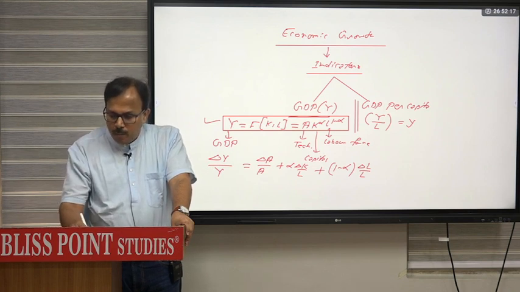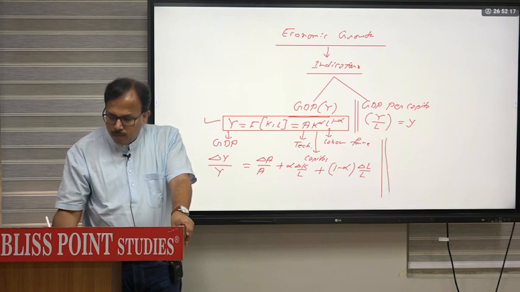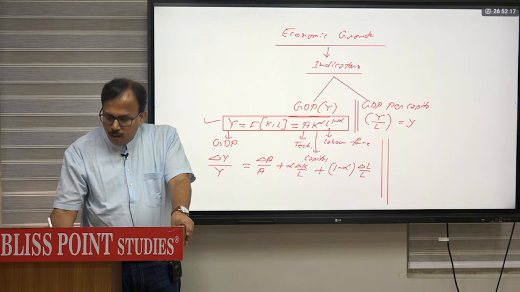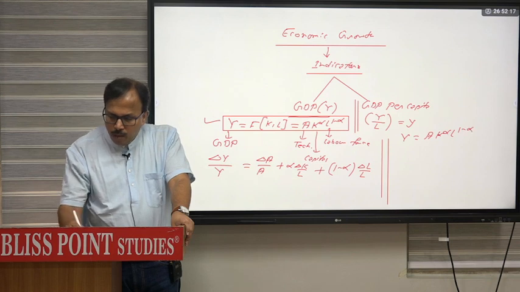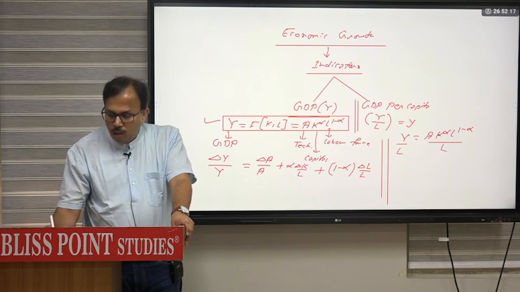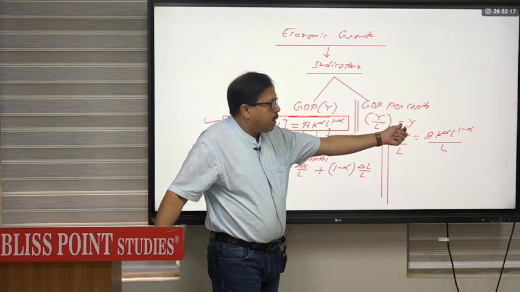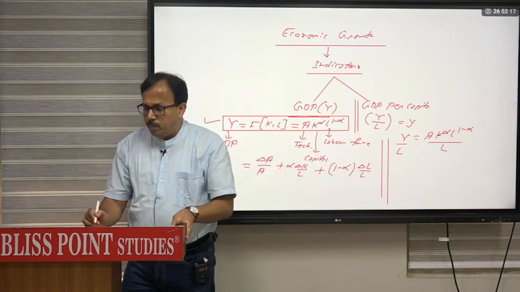So I am dividing both sides by labor force L. Y by L will be called the GDP per capita, and you can write it by small y.